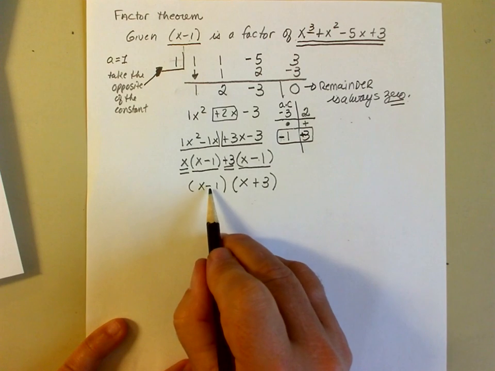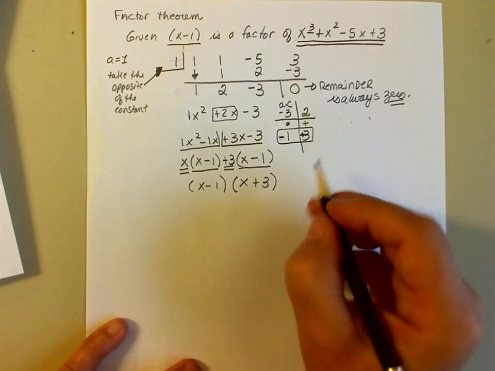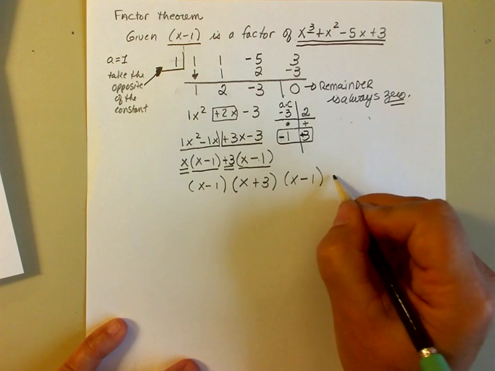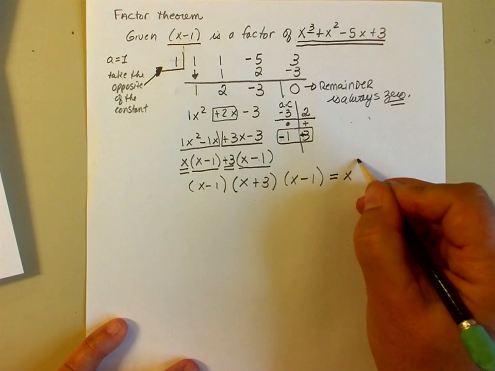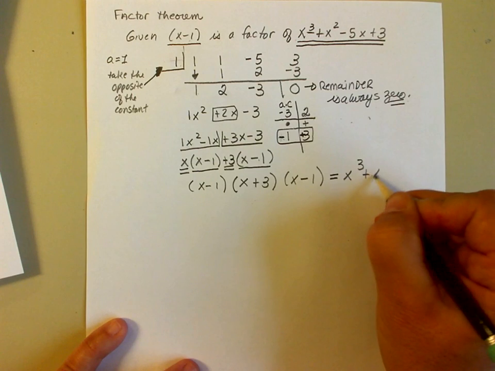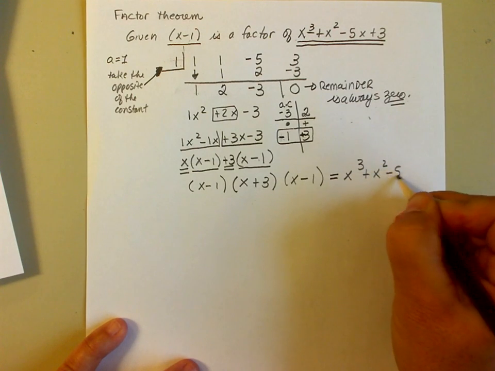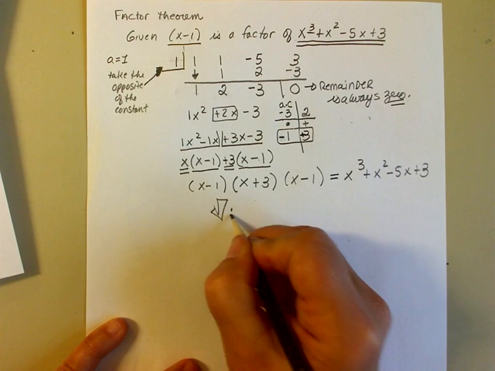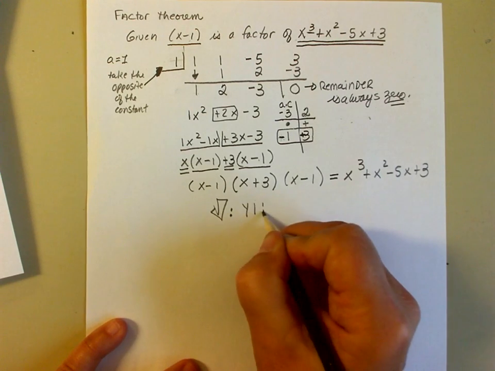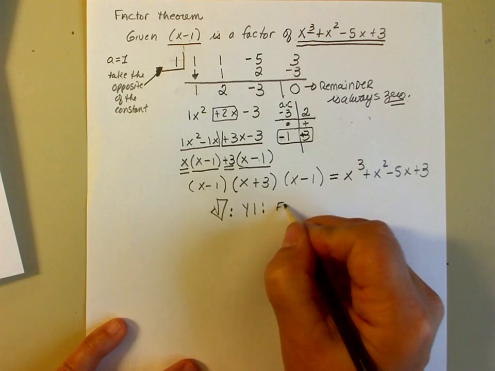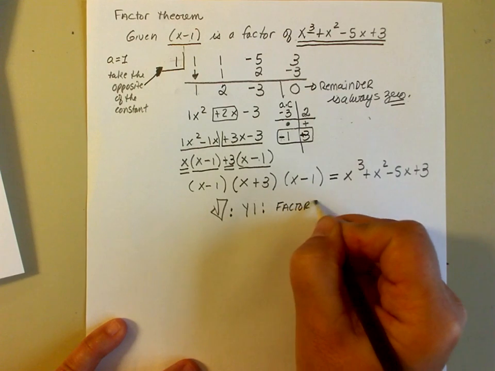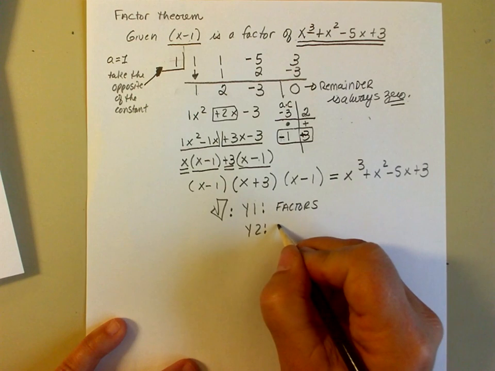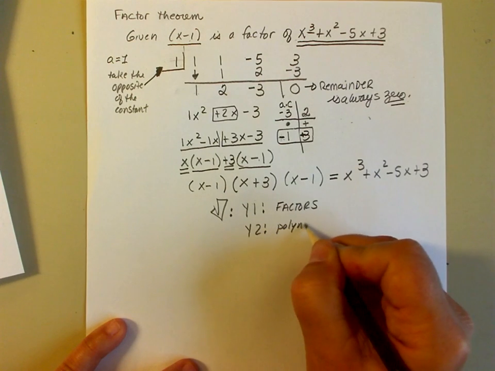So together with x minus 1, x plus 3, and the original factor, all of these 3 factors are the factors of the original polynomial given. As a check, we can use our graphing calculator by typing in the y1 using the factors, and typing in the y2 using the original polynomial.